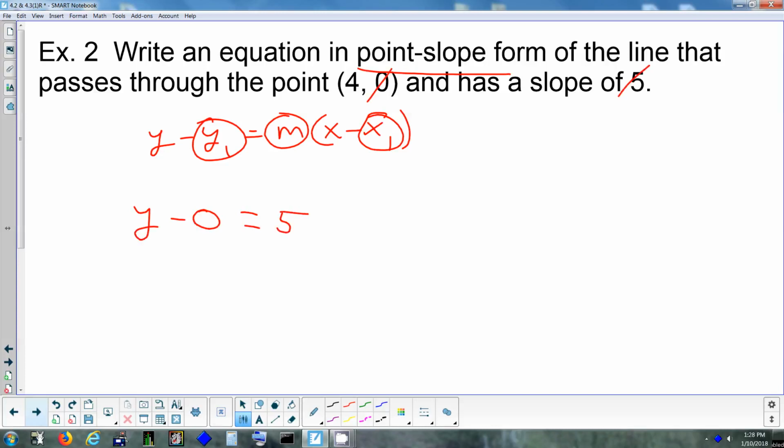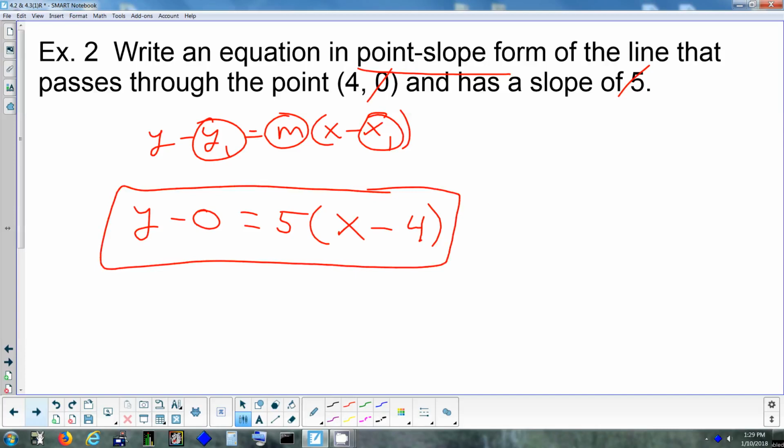Oh, m equals slope. x is just x, but x1 is 4. Exactly. And that's it. For this problem, you stop here, because the direction said point slope form. So this is the point slope form.